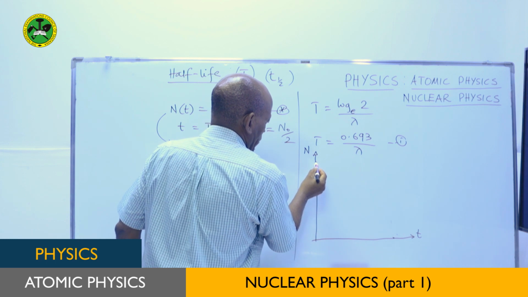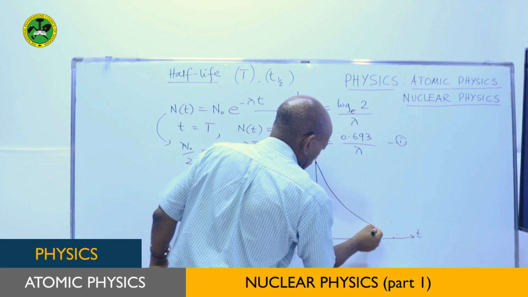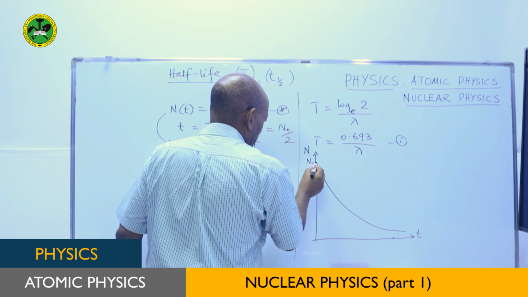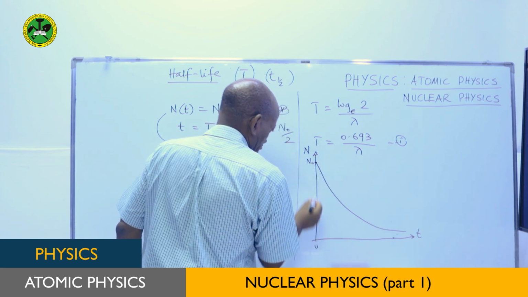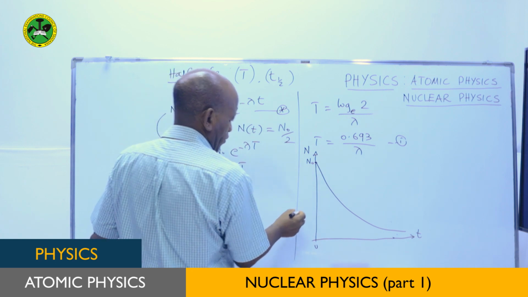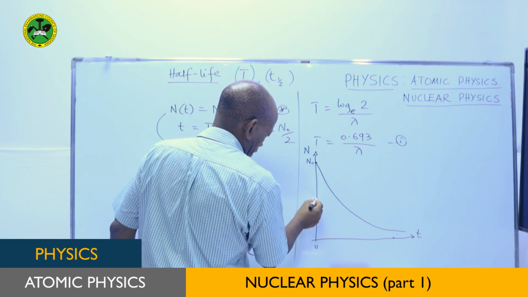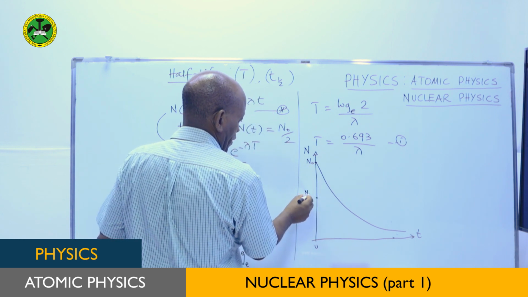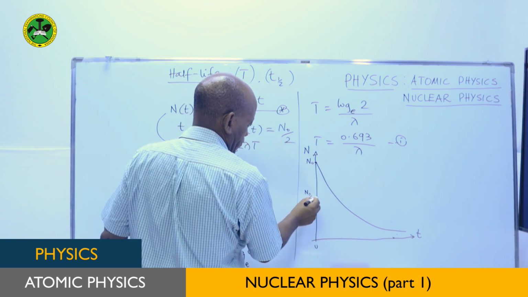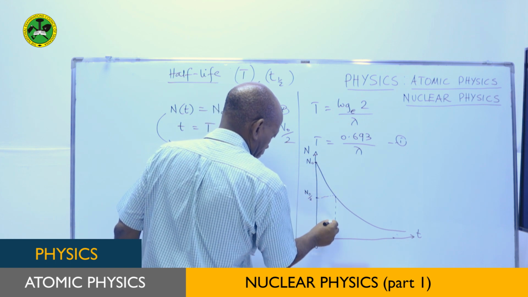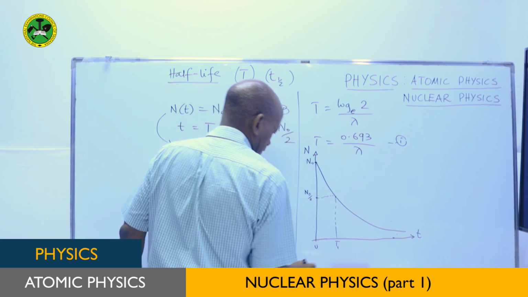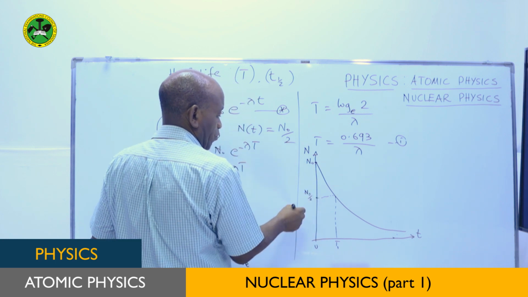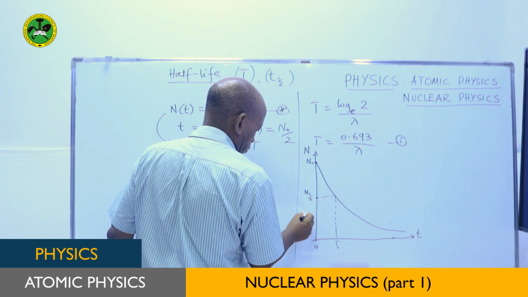And that exponential decay goes like this, such that if this is at t equal to 0, the original number present is N0. For the first half-life, whenever the original number of atoms is reduced to a half, the first half-life will be here. And if the sample is reduced to a half again, it will be N0 over 4.